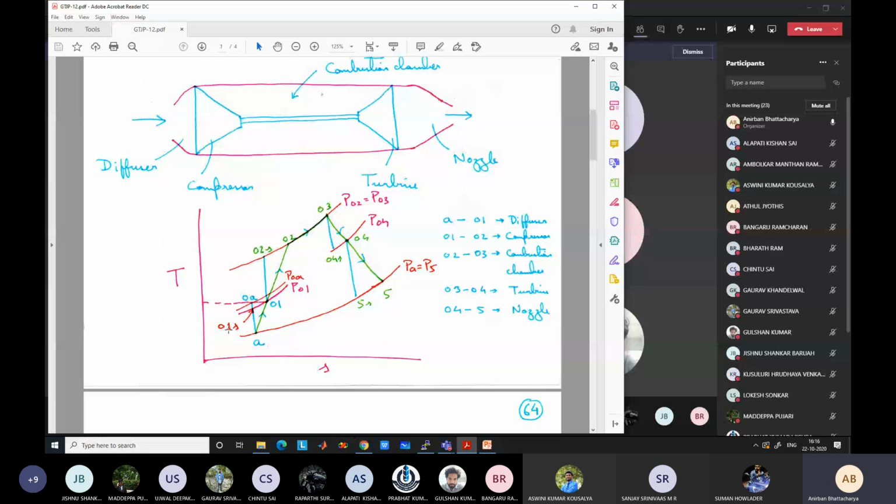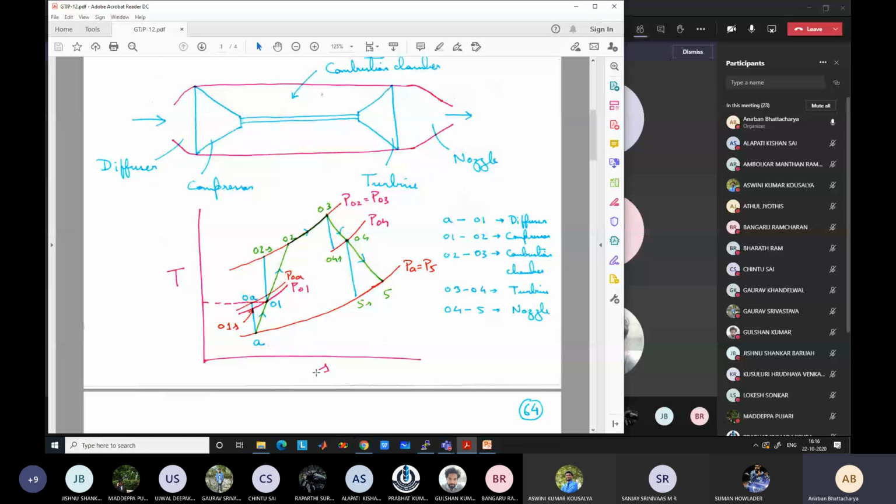Outside the diffuser. So what happens in the diffuser? Instead of following the ideal path, all the lines will deviate towards the right-hand side because entropy is increasing in real life. There are some frictional losses, and entropy increases. So what will happen to the pressure if there are frictional losses?